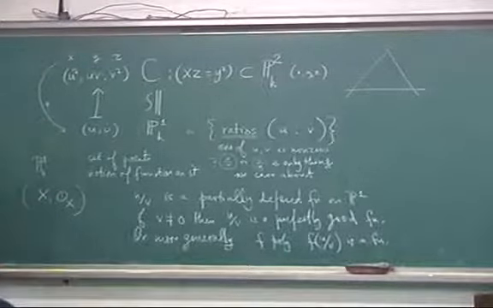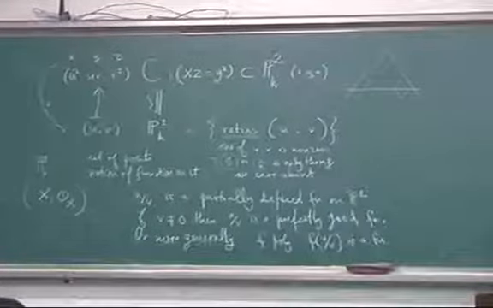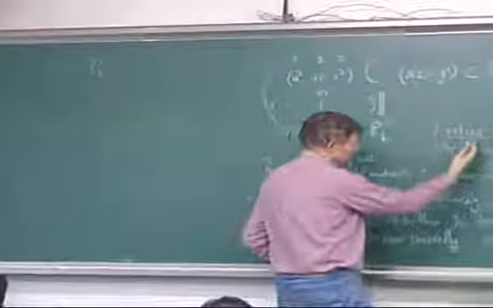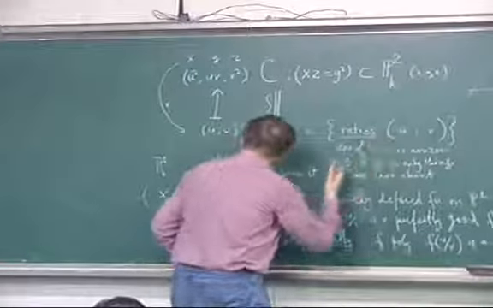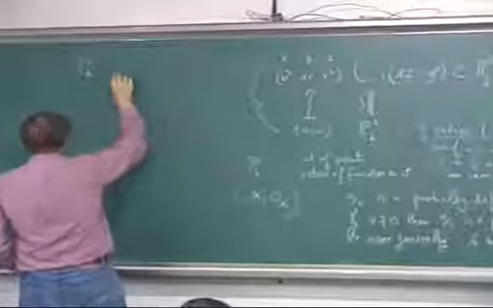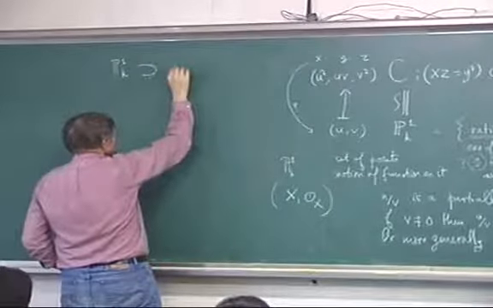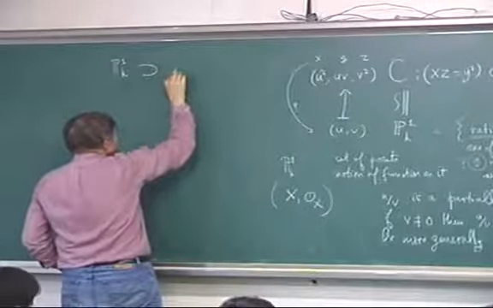So the thing I'm driving at here is that I've got this variety P1 over k. Here I'm just describing it as a set, and now I'm telling you inside there is the piece.